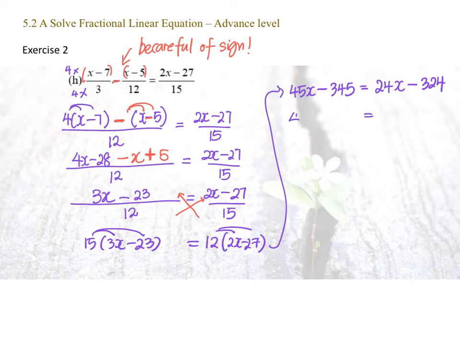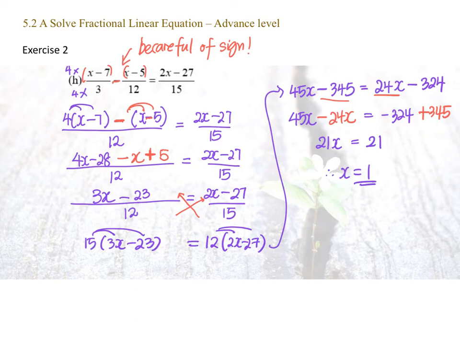Rearranging our terms, 45x over here, subtract 24x will be equal to negative 324 plus 345. And simplifying, we'll get this to be 21x is equal to 21, and therefore x is equal to 1. Have you gotten the answer?